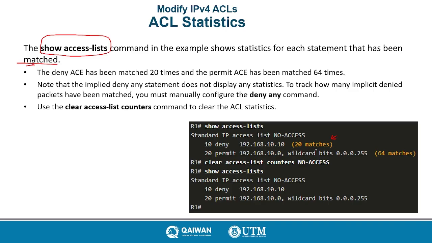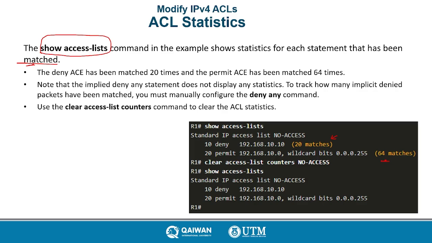In here it says 20 times. 20 times this packet went outside the router and it was a match, so they denied it. So the standard list worked for this IP address 20 times and for this one 64 matches.